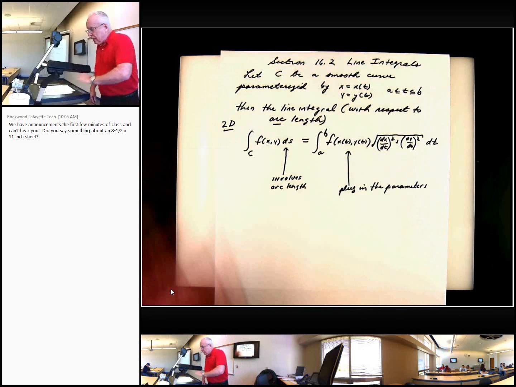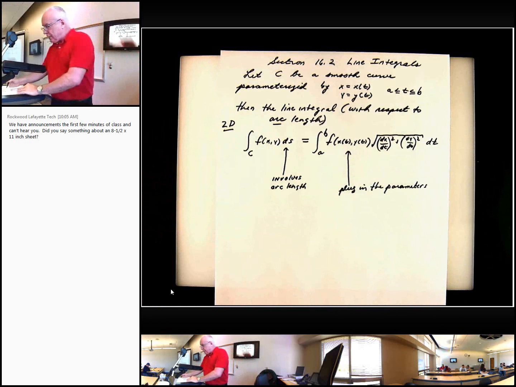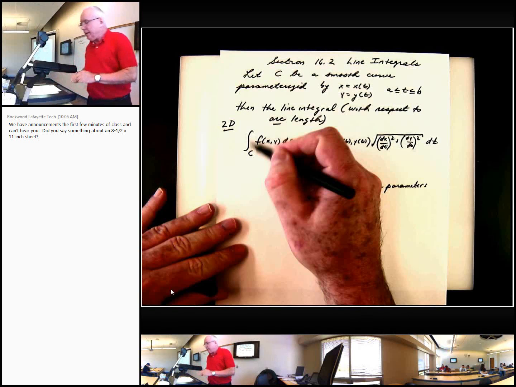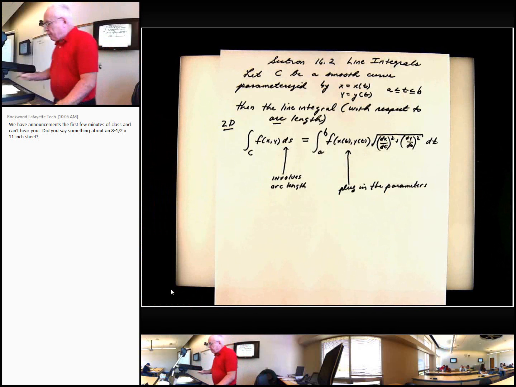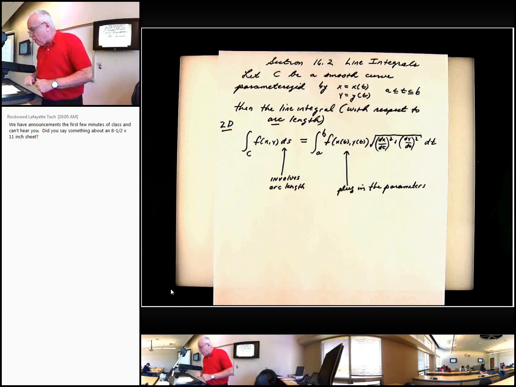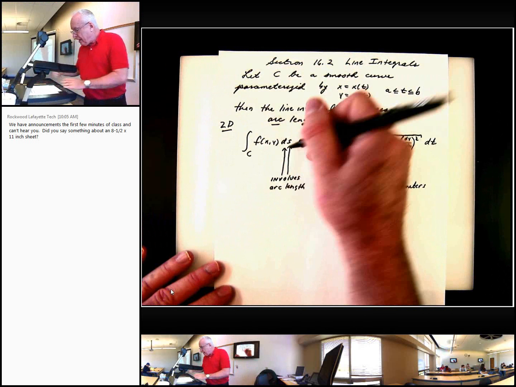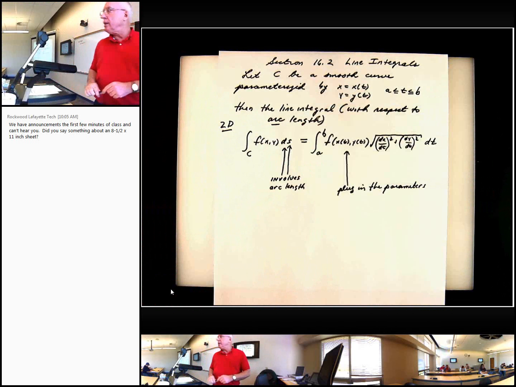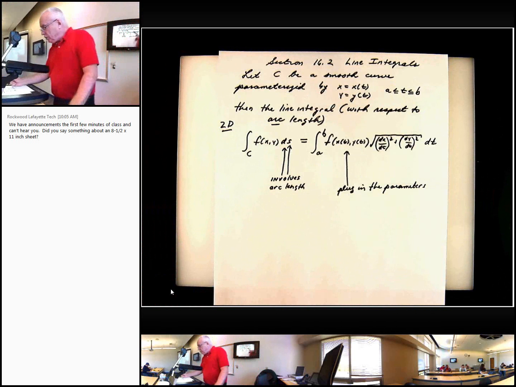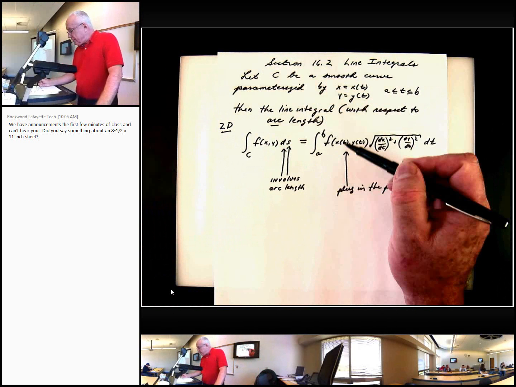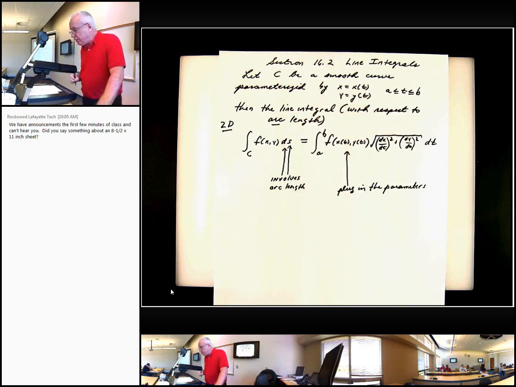Then we can define what the line integral is. This is the notation: integral sign, capital C representing the curve, of a function of two variables, f of x, y, ds, and notice it's ds, s standing for arc length, all right? What we have to do here is parameterize the function, so we plug our parameterizations into the function.